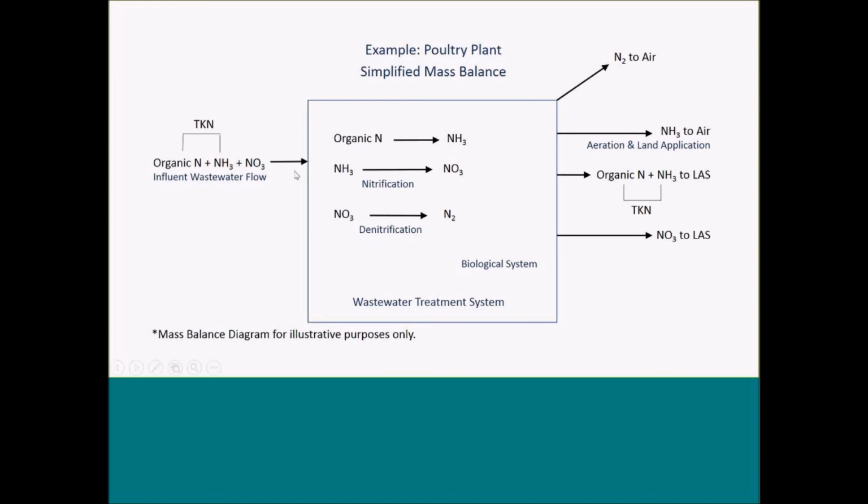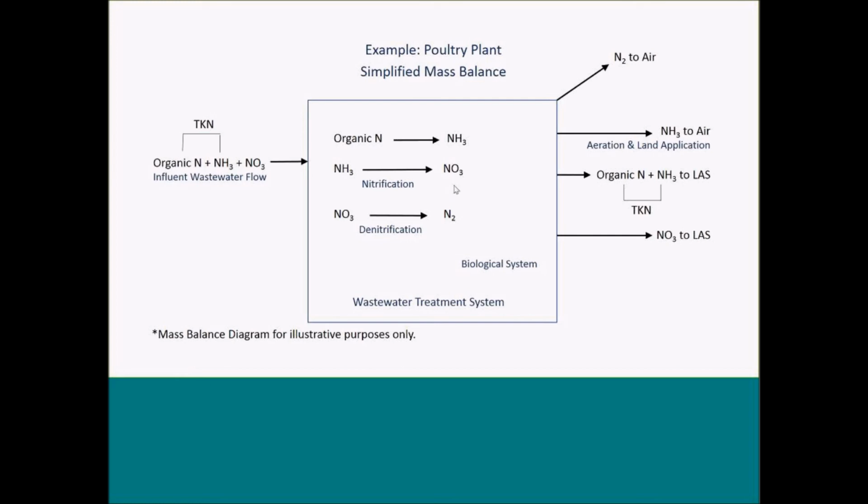As it comes into my wastewater treatment system, some of that organic nitrogen is going to convert to ammonia, which, to use a term from TRI, represents ammonia that is manufactured. Some of that ammonia converts to nitrates. Again, that ammonia that converts to nitrates represents the nitrates that are manufactured.